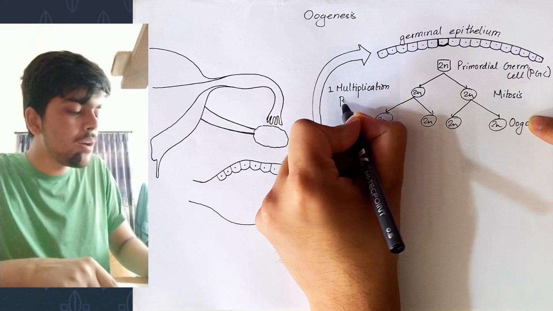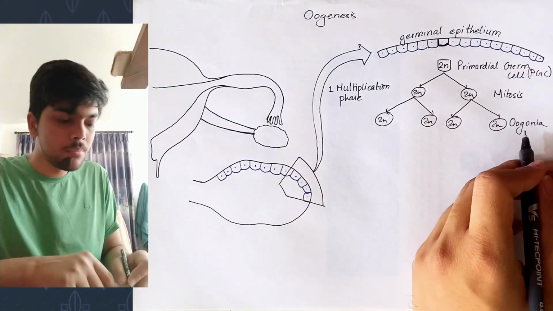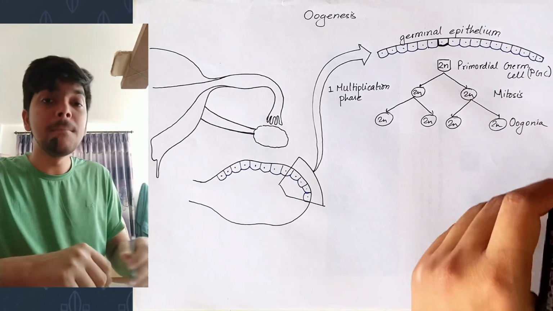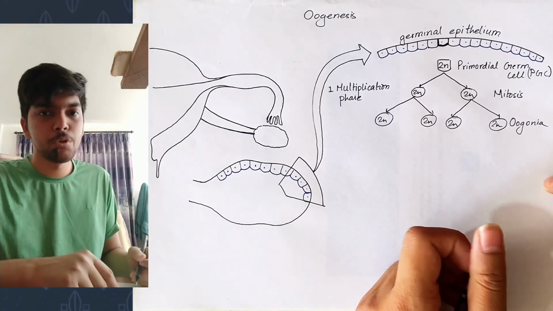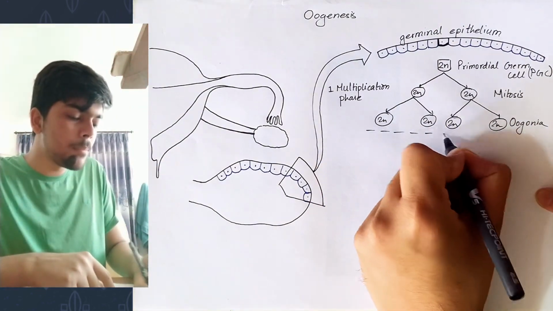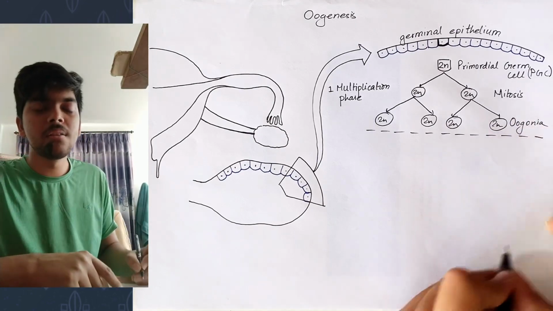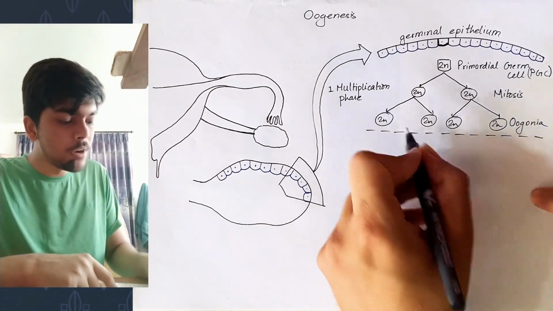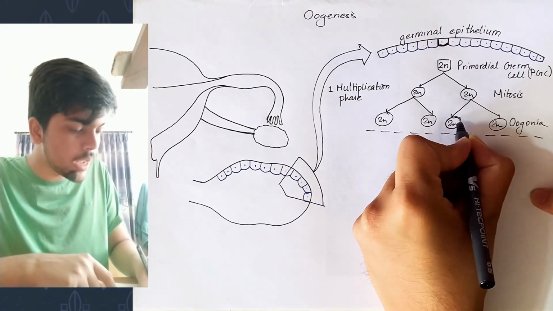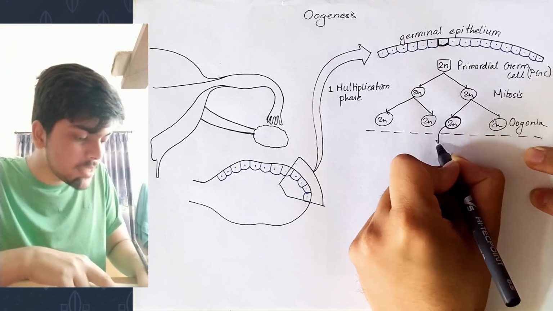So, at the end of multiplication phase, one primordial germ cell, with the help of mitosis, gives rise to many oogonia, which are also germ cells. Among the many oogonia formed by a single primordial germ cell, only a few enter the next step. So among these 4 oogonia, I am going to select this third oogonium. This third oogonium enters the next step.